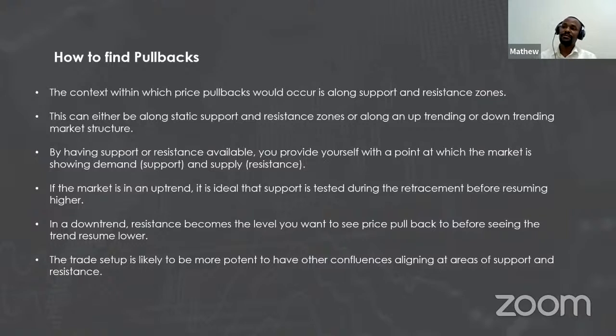So if, for instance, the market is in an uptrend, then it's ideal that the support is tested. And when we have a small retracement, then it's likely to resume again. In a downtrend, the resistance becomes the level where you want to see price pulling back to. And at that level, you then have the price resuming lower again.